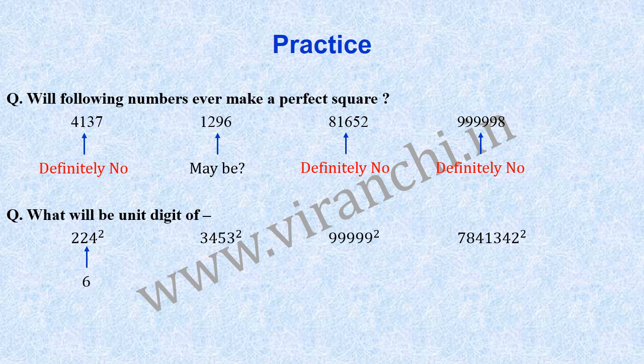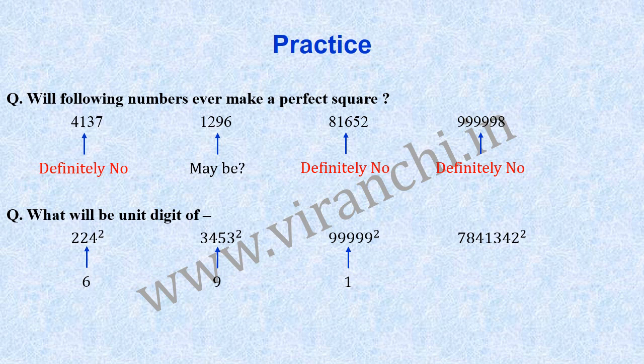Similarly, you can predict the last digit in the square of 3453. It will be the same as that in the square of 3, that is 9. For 99999, the square will end with the same digit as the square of 9 ends with, that is 1.